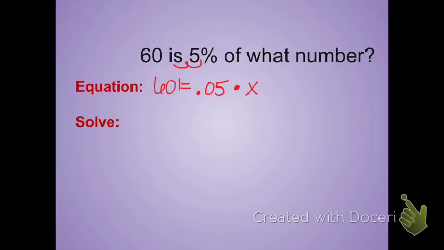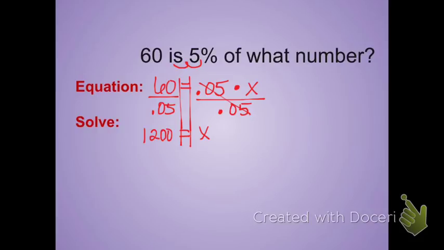Good. Line up your equal sign, divide by 0.05. Very good. What's 60 divided by 0.05? Anthony, you have it? 1,200. Very good.